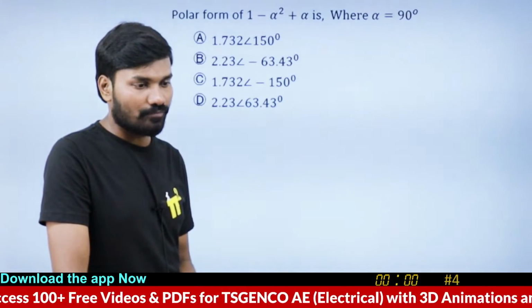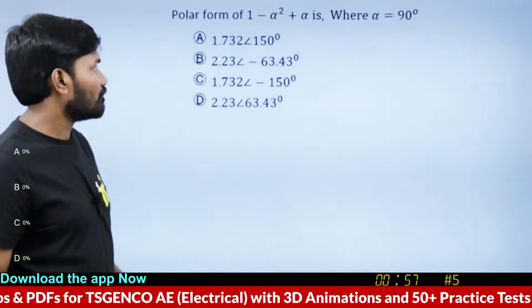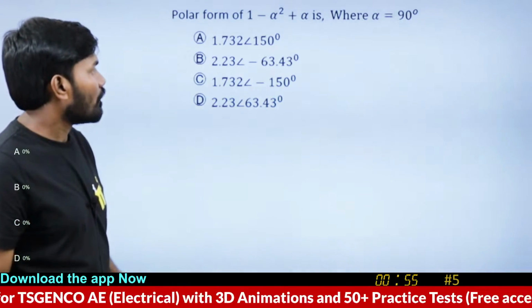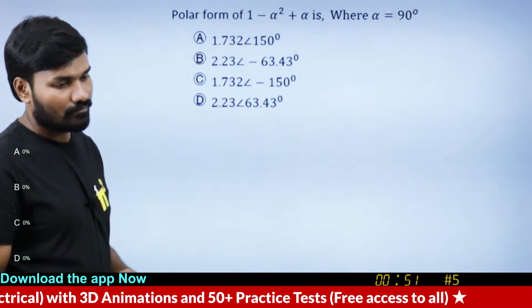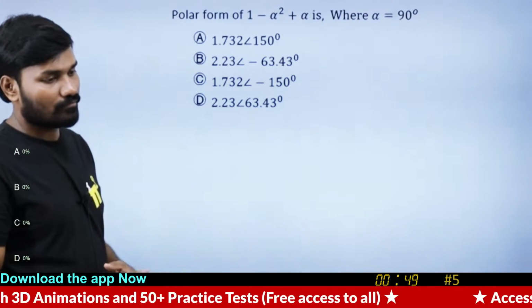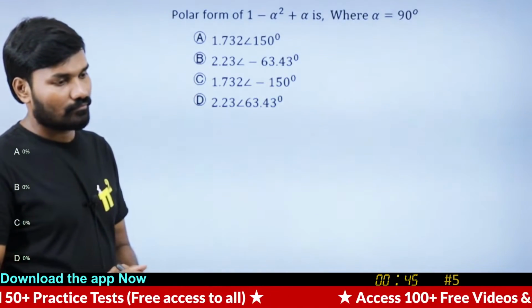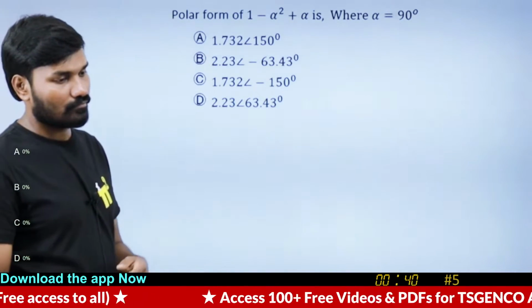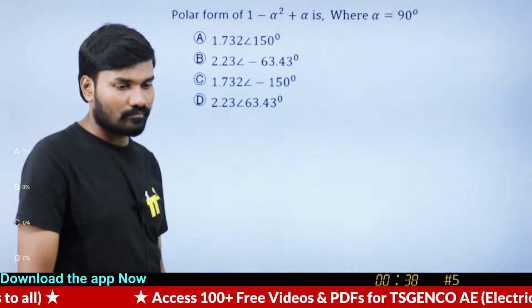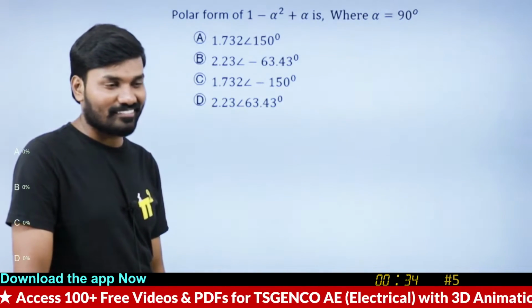So next one. Try this out. What happened?